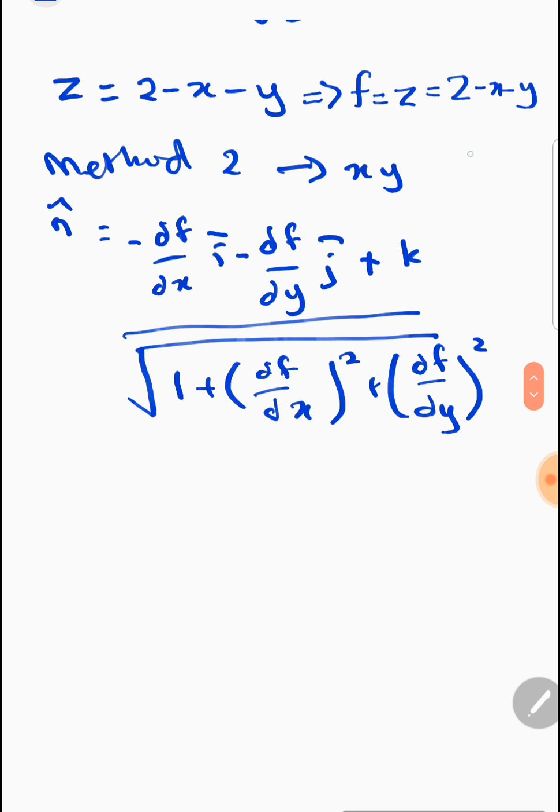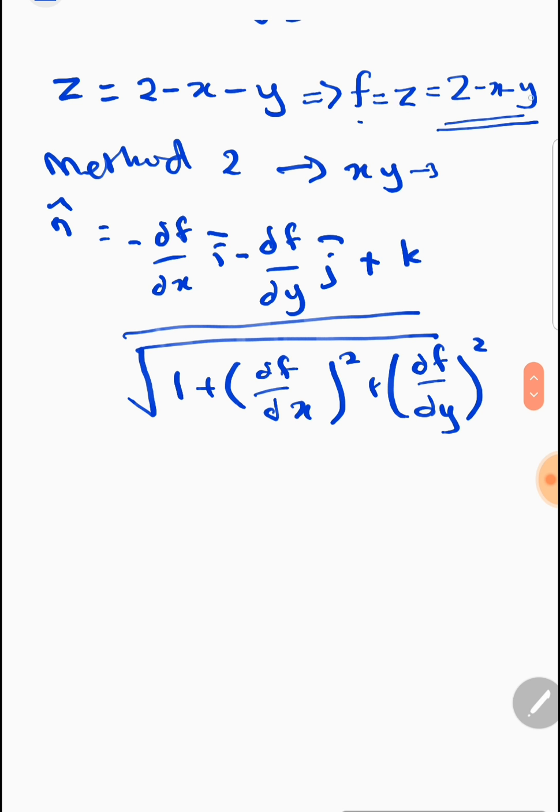A way for us to validate this is to make sure that your expression for f only has variables in terms of x and y, because that means your surface is lying on the xy plane. Similarly, if you want to look at the xz plane, then you put y to be the subject and you get 2 minus x minus z.